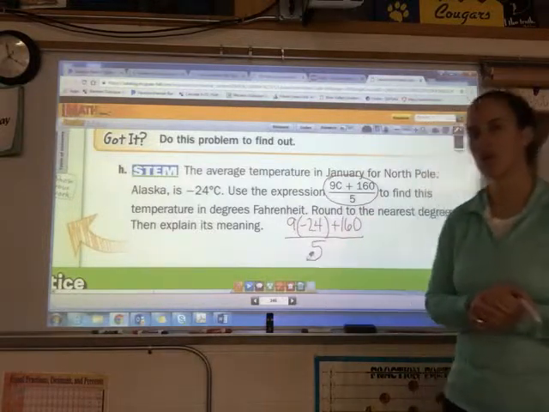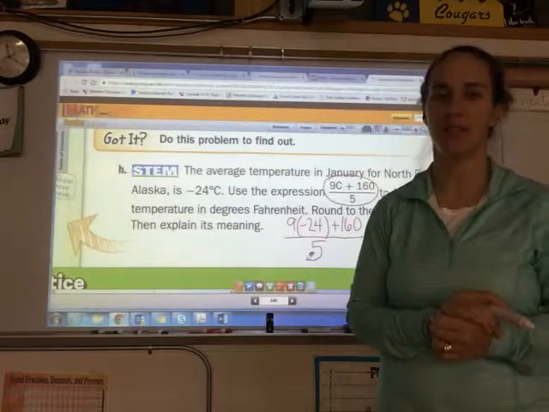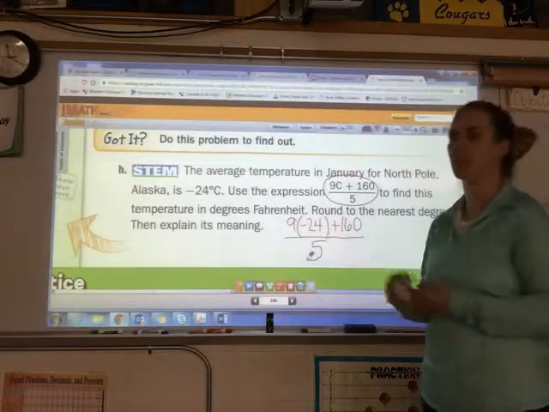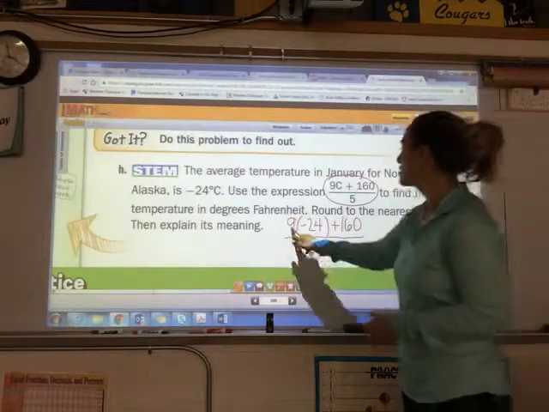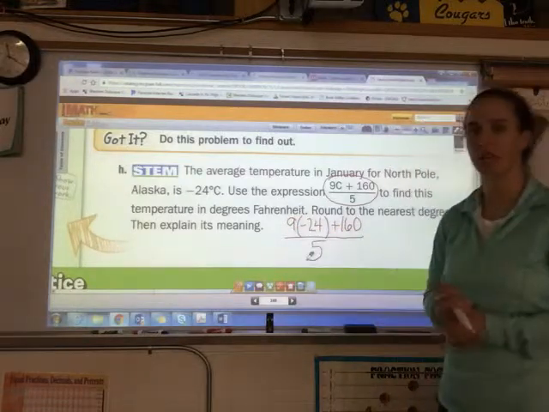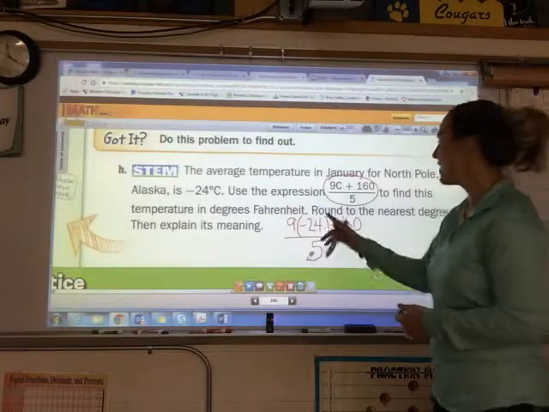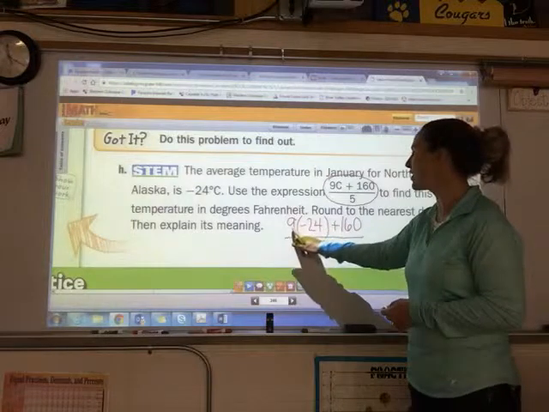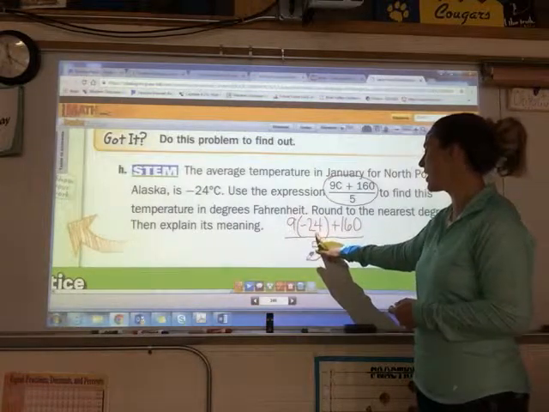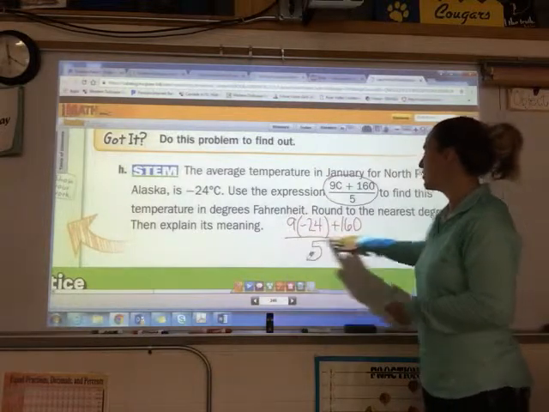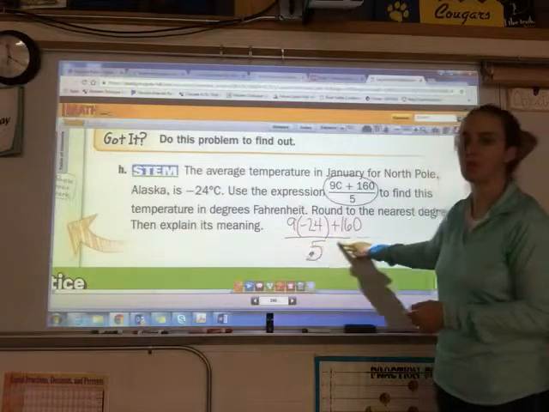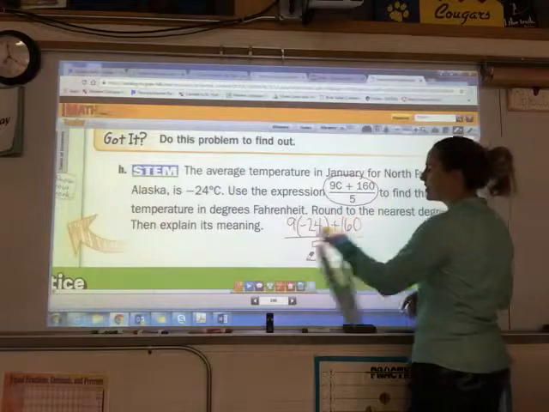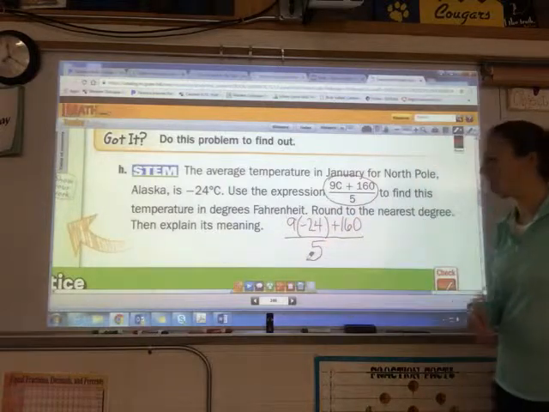Thinking about order of operations, please excuse my dear Aunt Sally. Parentheses, basically I'm using my parentheses for multiplication. Exponents I don't have. So what I need to do is multiply 9 times negative 24. Then I'm going to add 160. Once I've figured out what 9 times negative 24 is and added 160, then we divide by 5. We use this fraction bar almost as a grouping symbol as well. You want to solve what's on top first, divided by what is on the bottom.